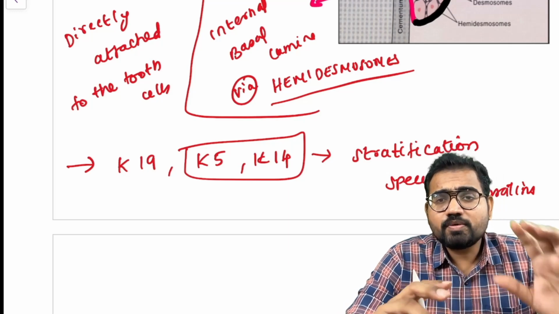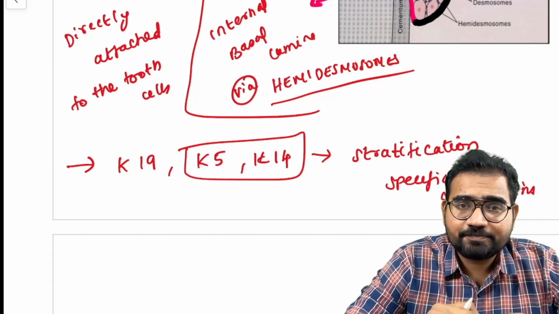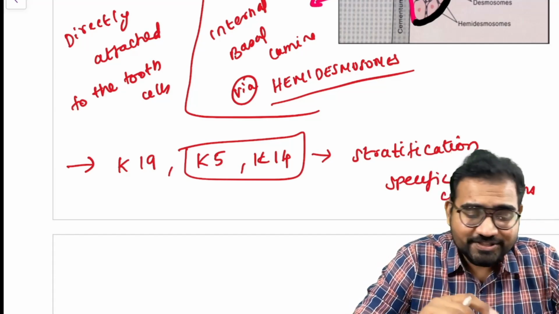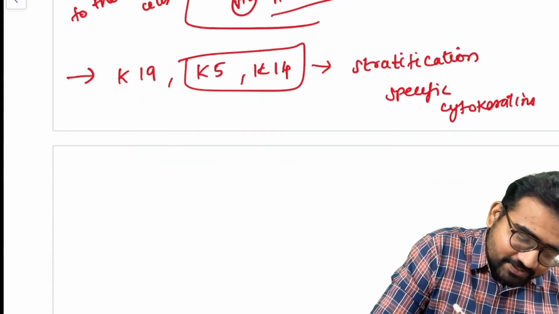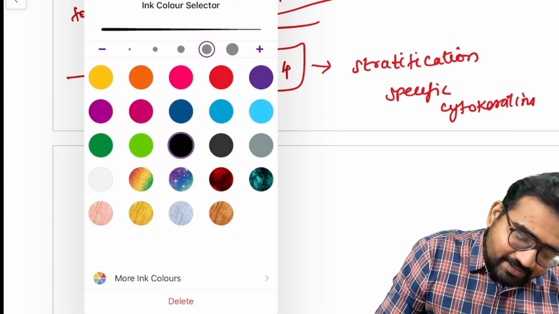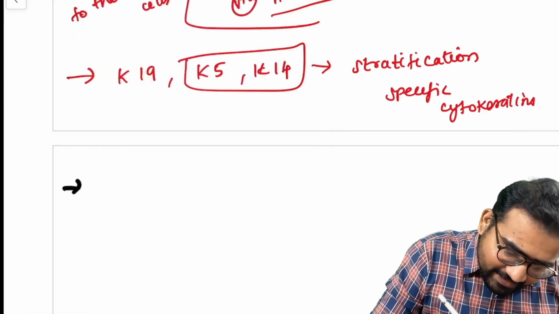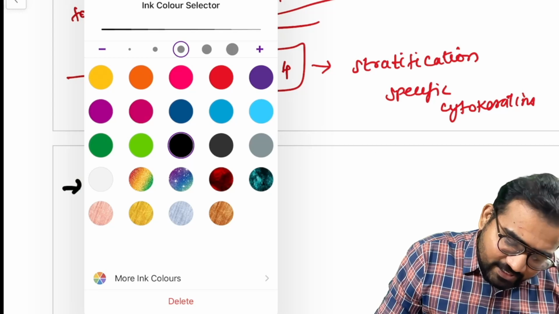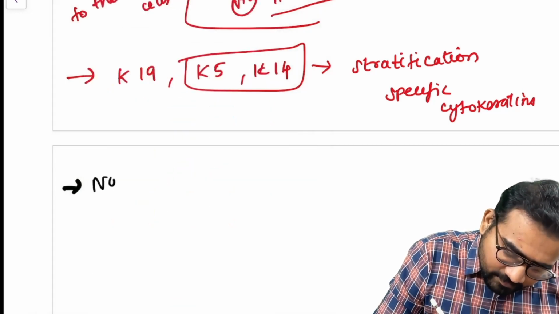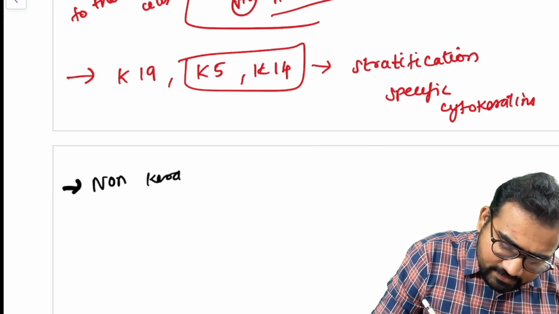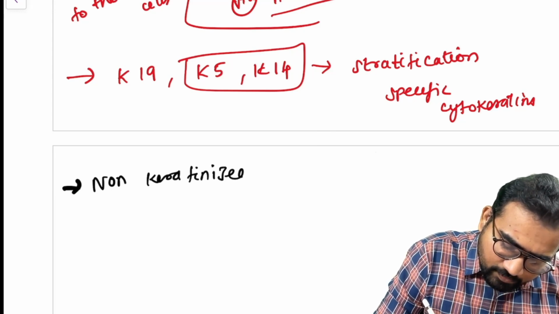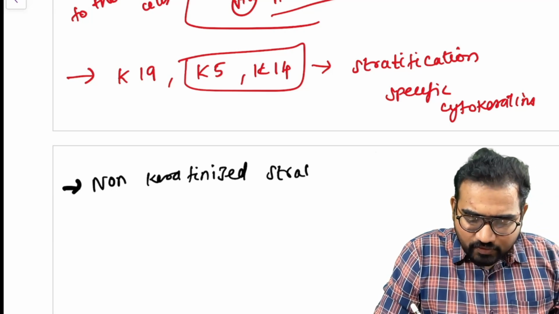Okay, so what is the function of a junctional epithelium? As I told you, the junctional epithelium is a non-keratinized stratified squamous epithelium.